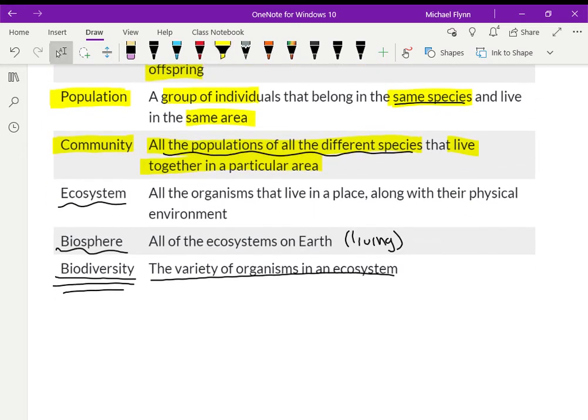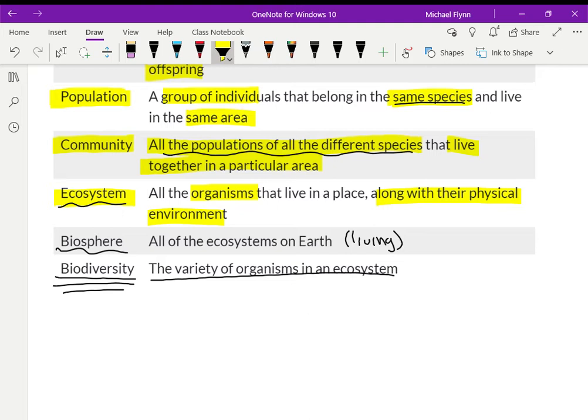An ecosystem consists of the community, so these are all the living things, along with their physical environment. So it's the organisms and their physical environment. Now we live in an ecosystem here in Ottawa. It's part of what's called the Northern Boreal Forest. And the Northern Boreal Forest includes populations of many different species.